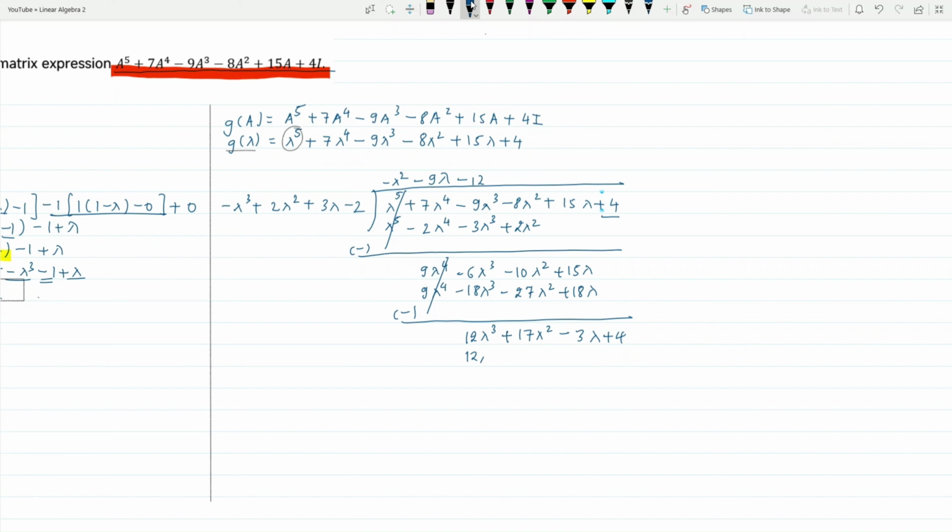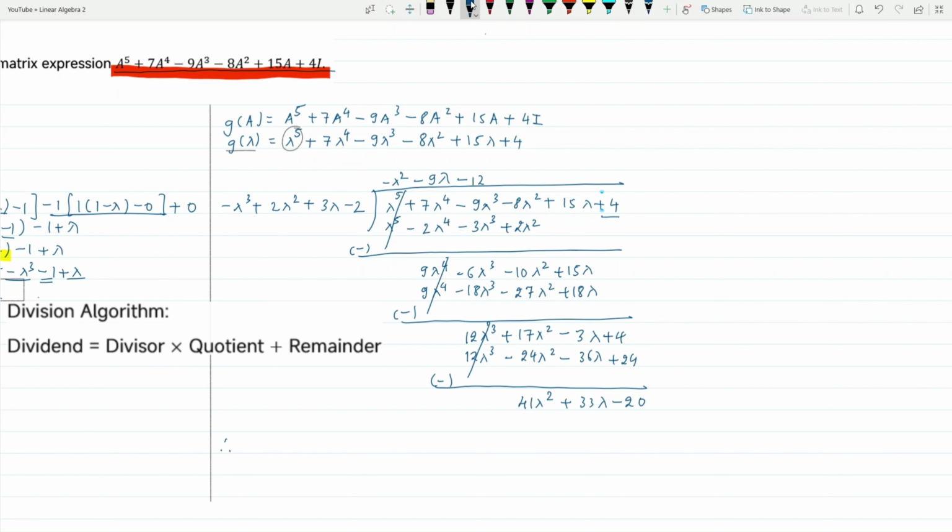So here we have 12 lambda cube minus 24 lambda square minus 36 lambda and plus 24. And subtraction here is going to give us, we'll get rid of the lambda cube term. Here we get 41 lambda square plus 33 lambda minus 20.